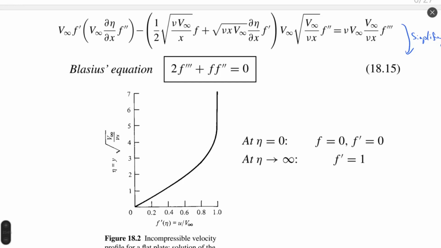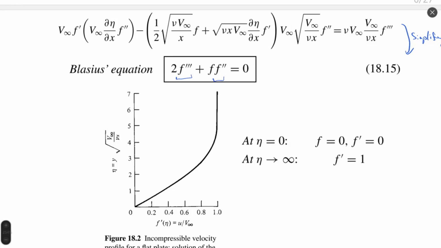Once you apply the Simplify function to the function above, you will receive equation 15. Very significant transformation. Equation 15 consists of just function f and derivatives of function f. This part here is a third derivative, an ordinary derivative of function f.